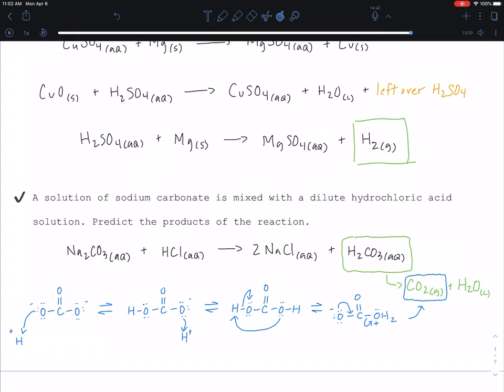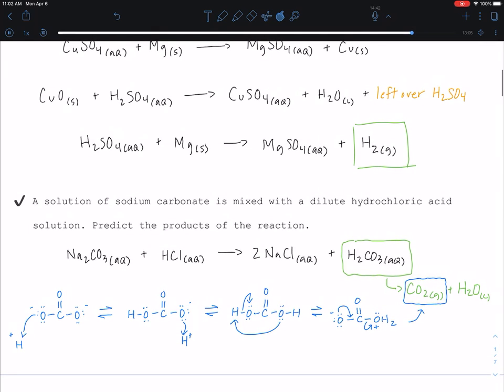But these are two specific examples that you may have come into contact with while you were doing chemistry in the lab or when you were doing antacid chemistry in your stomach. That big burp that you get after taking a Tums, that's the carbon dioxide from that gas evolving reaction.